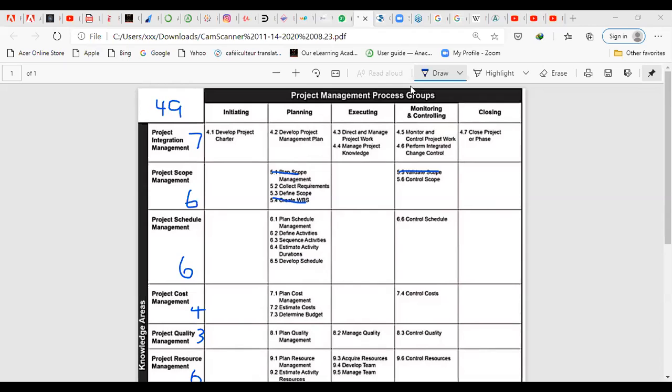So with that much ado, let me stop sharing this content. I hope this one has highlighted more on the processes for you to get it. Is it okay now for the processes? Yes, it's okay.